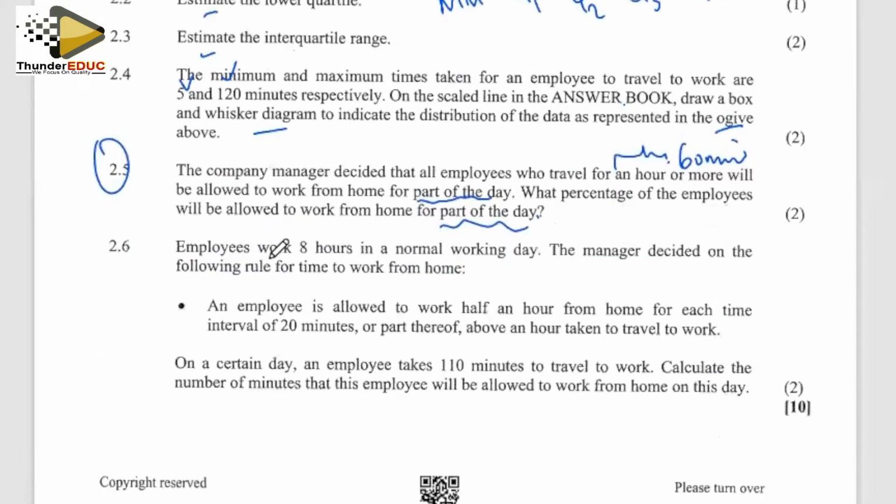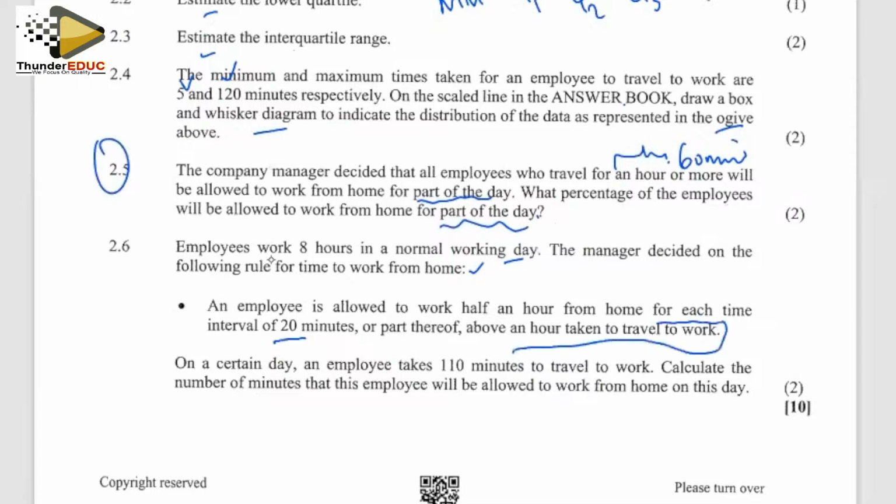Then 2.6, employees will work 8 hours in a normal working day. The manager decided on the following rule for time to work from home. Okay, so an employee is allowed to work half an hour from home for each interval of 20 minutes or part thereof above an hour taken to travel.